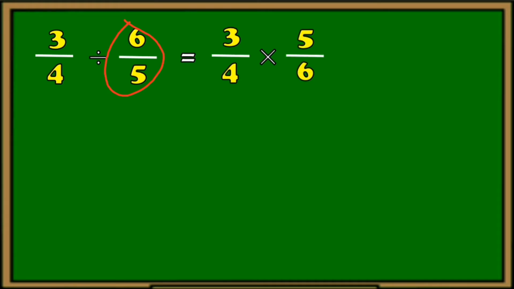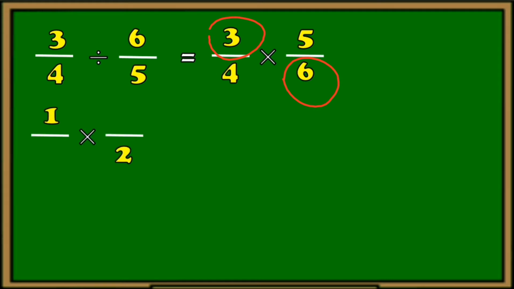That is 5 over 6. Now let's try to simplify this given. We have a numerator 3 and a denominator 6. We can simplify these numbers as 1 and 2. And let's just copy the rest.